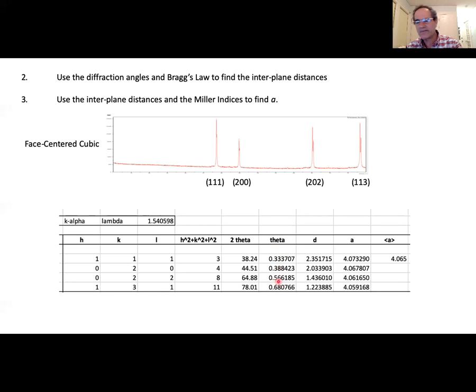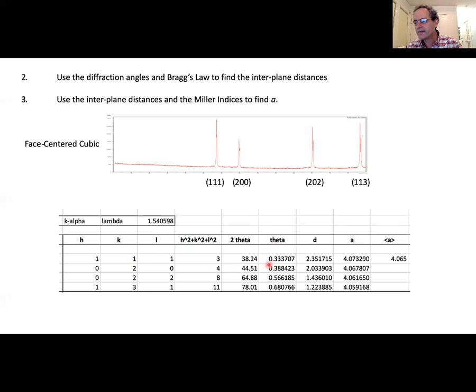Oh, and theta here is also in radians, just because Excel likes radians. Anyway, here's the angle theta. From that, using Bragg's law and using the wavelength of the X-rays, which is known, we can find the interplane spacings, okay? And then if we know the Miller index, we can use the formula I showed you a minute ago to figure out what the lattice spacing must be, okay?